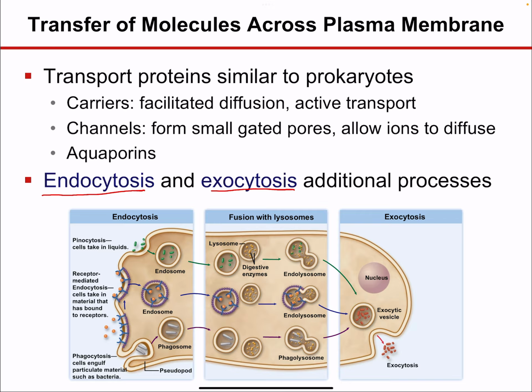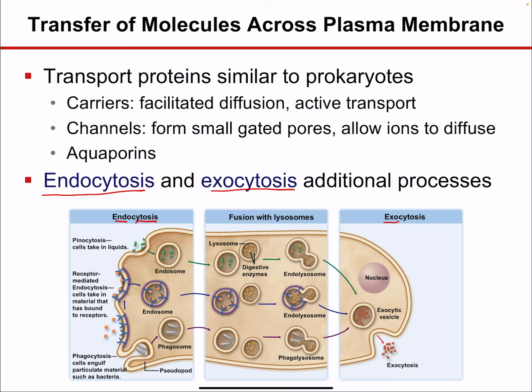What is endocytosis? Endo means in. Cytosis is cell. So endocytosis is bringing into the cell. Exocytosis is taking outside of the cell.